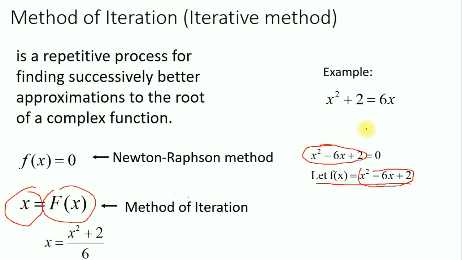For example, I can rearrange it into this form. I can divide by 6 on both sides. You will get x equals (x squared plus 2) over 6, which is this. Or I can also rearrange it into this form: x equals 6 minus 2 over x. How do I get this?